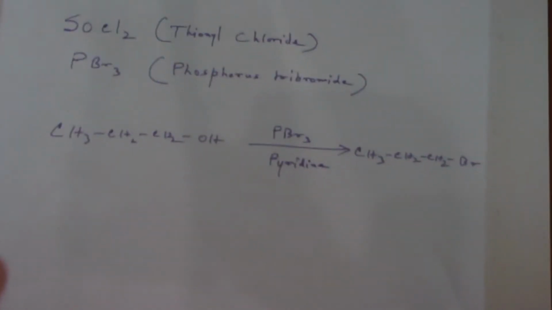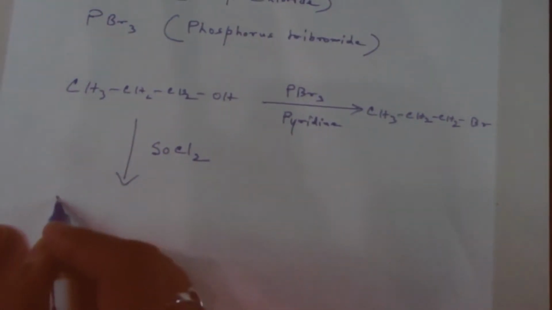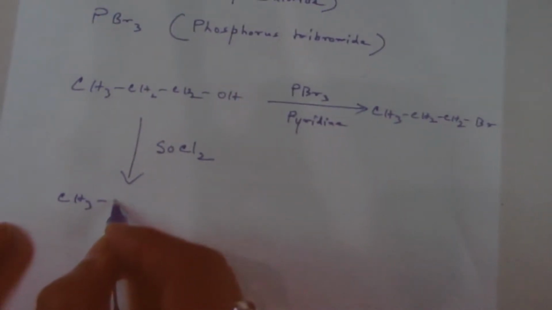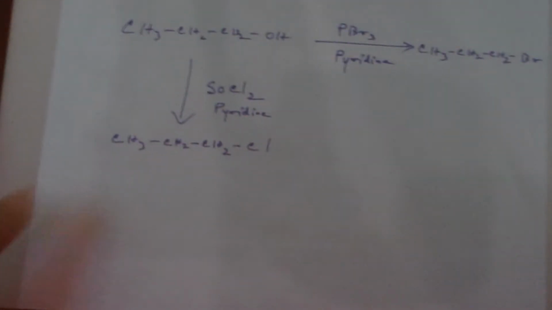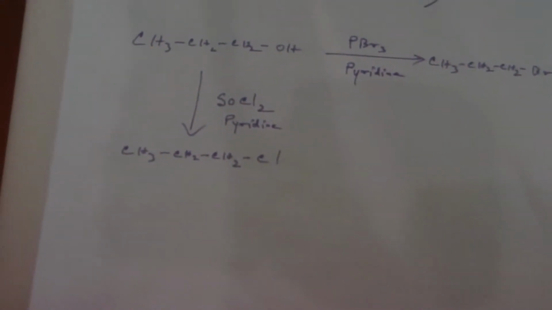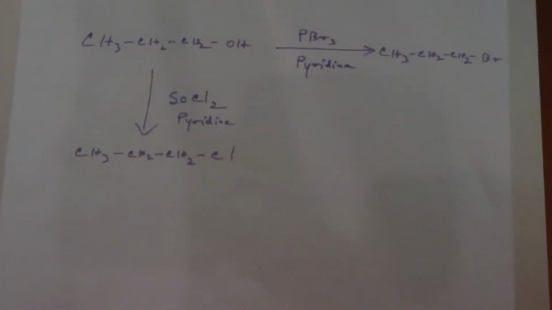Likewise, you use thionyl chloride, that would be converting this to the corresponding chloride. And again, pyridine is the catalyst used for this.